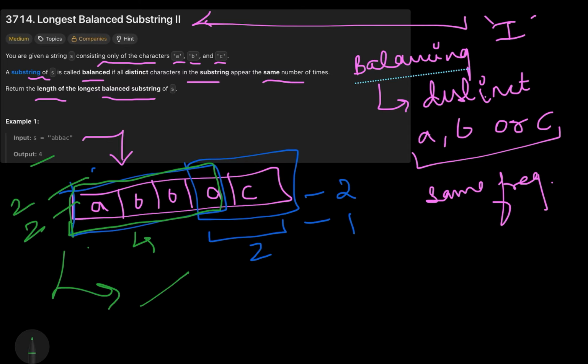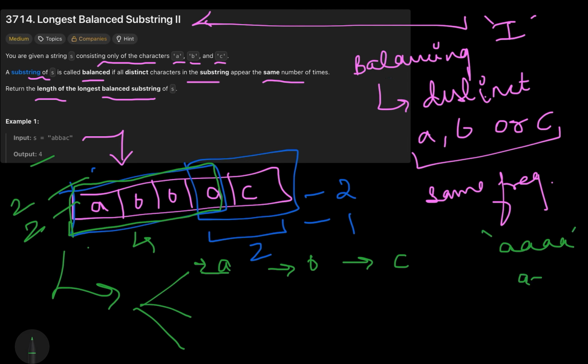So how can we calculate this? There can be three cases. One case would be that the substring contains only A, only B or only C. Because if it contains only A, then the distinct character count would be one, and we can easily track the longest substring by counting the running length of that character.